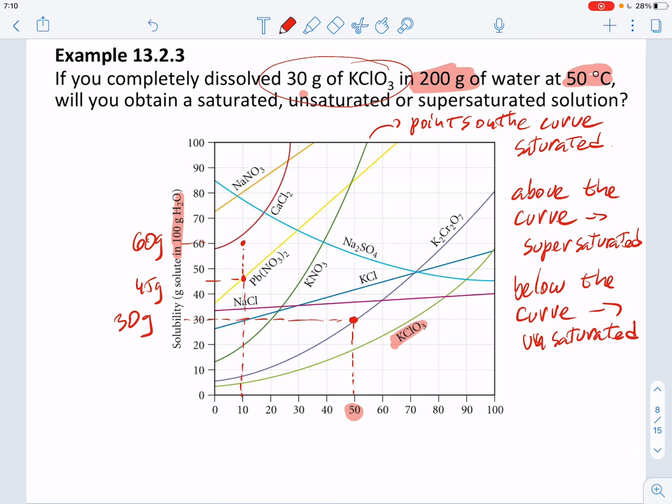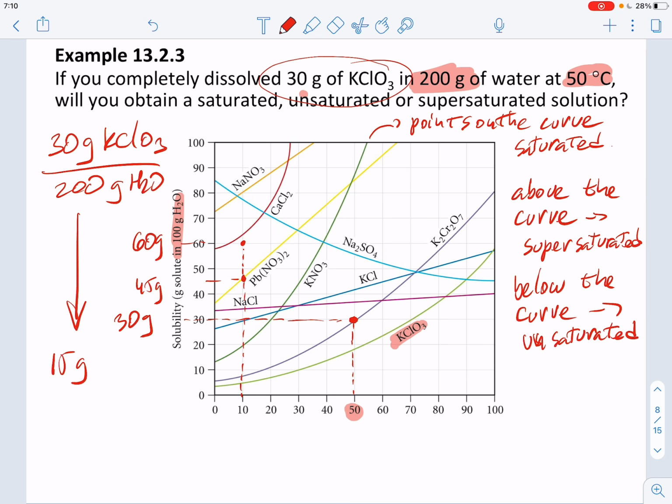Okay, so let's write that down. So we have 30 grams of potassium chloride in 200 grams of water. That is equivalent to saying that you are dissolving 15 grams of potassium chloride in 100 grams of water. So you have to be careful with the amount of water that you are playing with, because now it's not the 30 that you are looking at here, you are looking at 15.